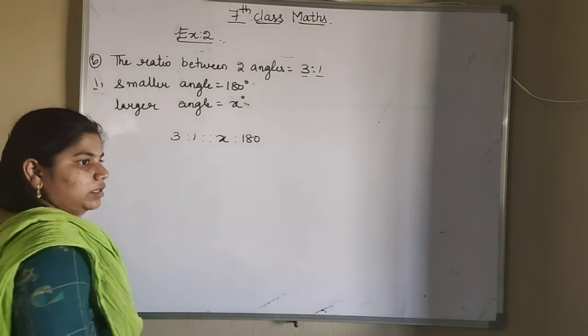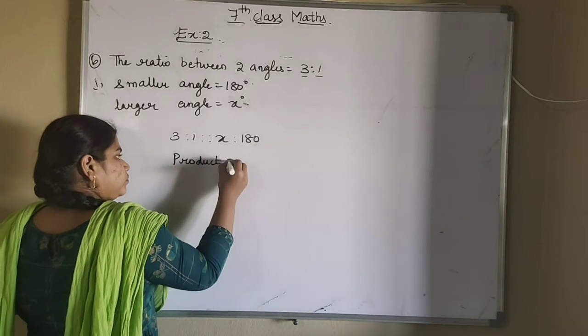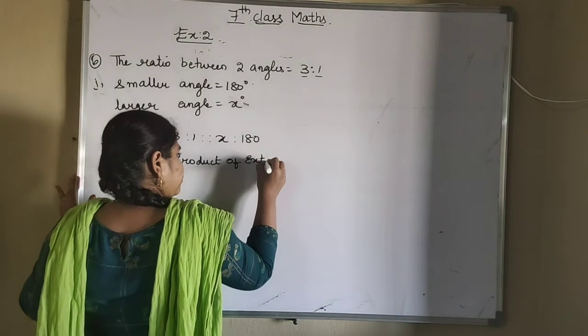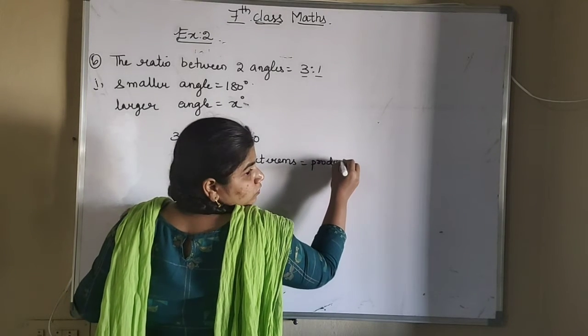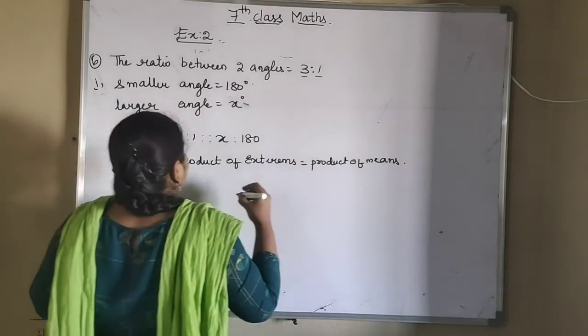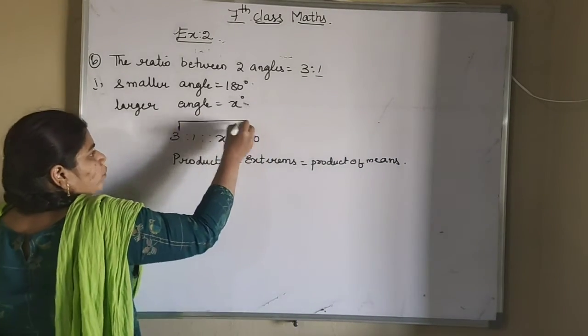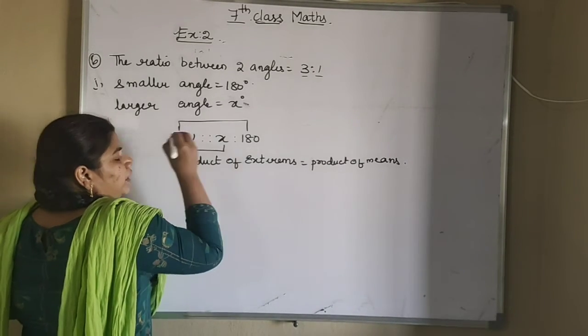Now again the product of extremes is equal to the product of means. What are the extreme values here? 3 and 180 are extreme values, and the means are 1 and x.